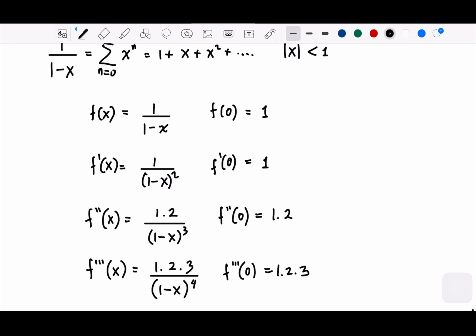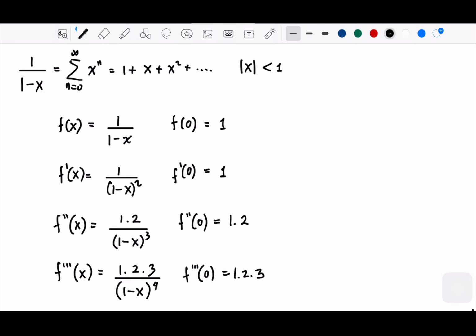Okay. And in general, we can write the nth derivative of f is equal to, if we look at the pattern, n factorial in the numerator, and the denominator is 1 minus x to the power of n plus 1, right?